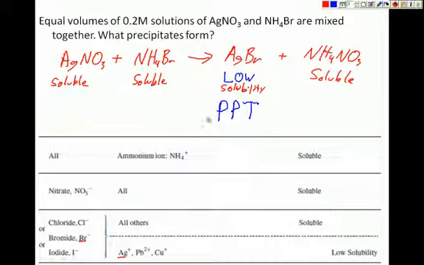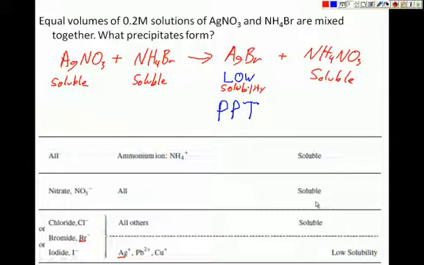We talk about equal volumes of 0.2 molar solutions. The reason why the question says this is because if you mix two equal volumes of 0.2 molar solutions, the resulting solution will be 0.1 molar, and that happens to be our definition of being on the verge of something being either soluble or low soluble.